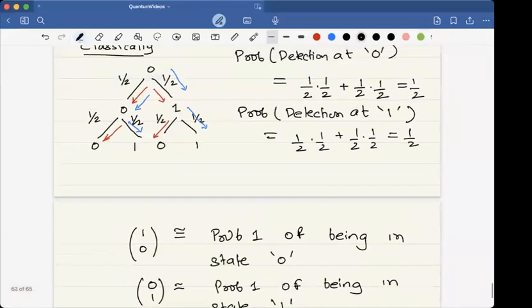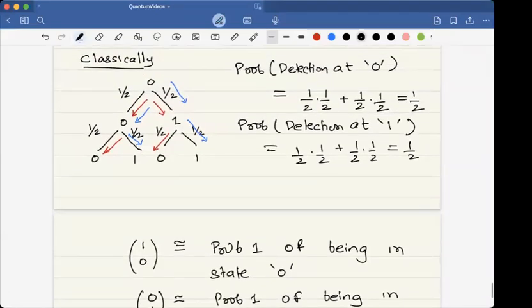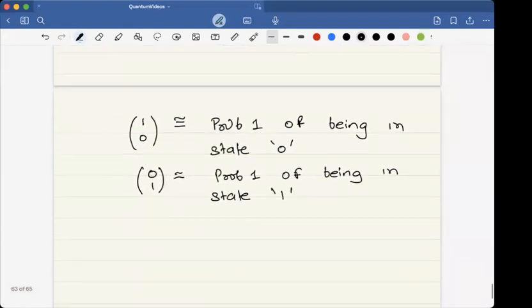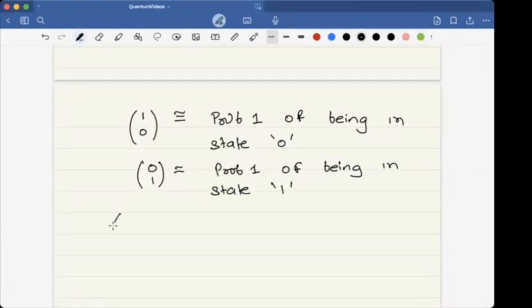Then I can describe the situation using a matrix: the transitions of the beam splitter can be described as a transition matrix with entries half, half.